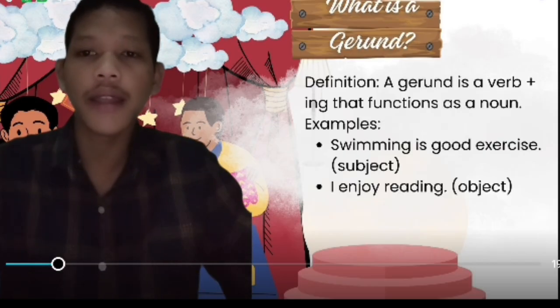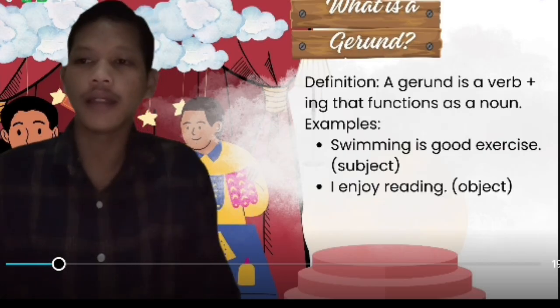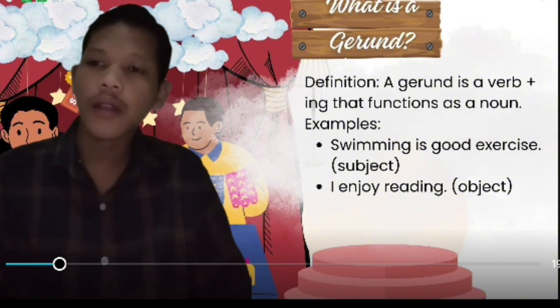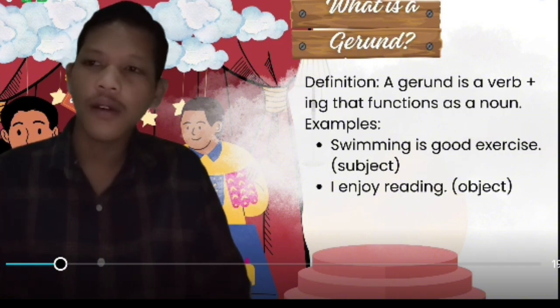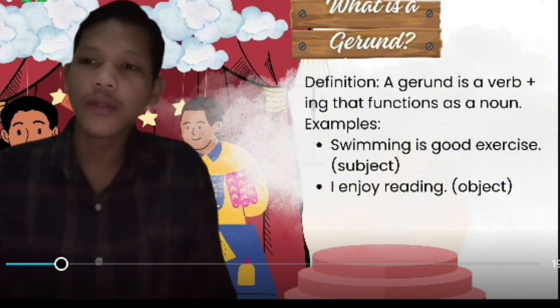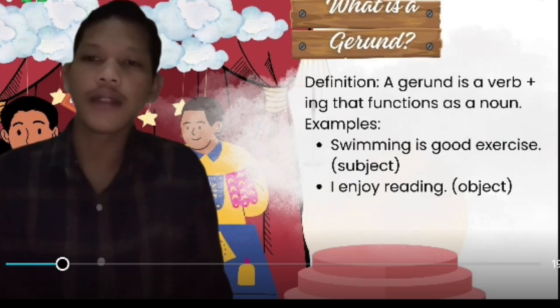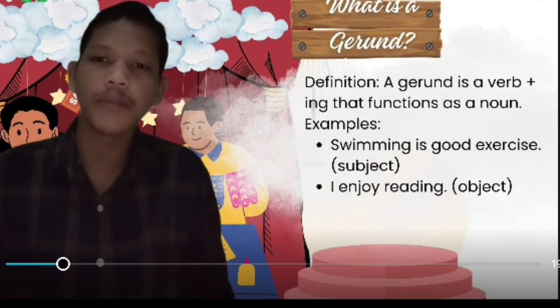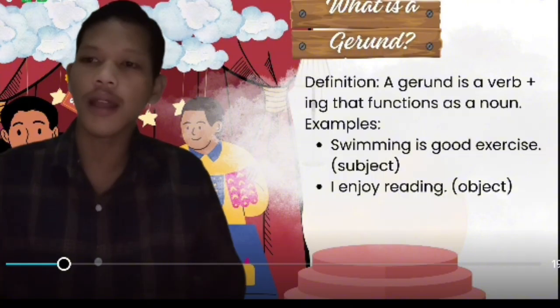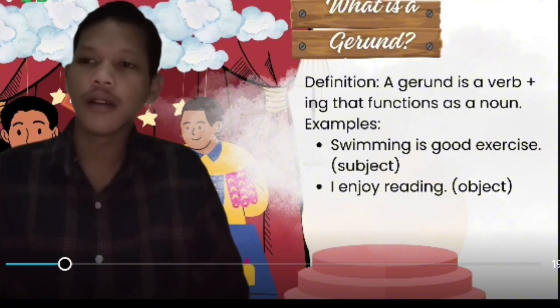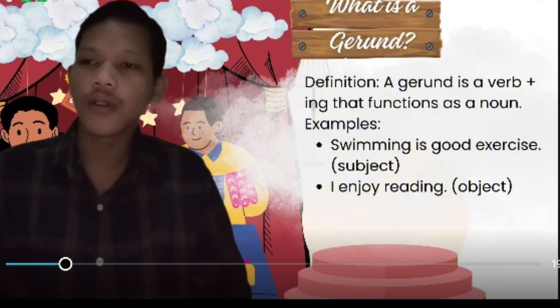Oke, kalau kalian masih bingung, coba ganti swimmingnya dengan kata benda lain seperti music or chocolate, that looks like this. Chocolate is fun. It makes sense, right? But the swimming di sini adalah gerund.